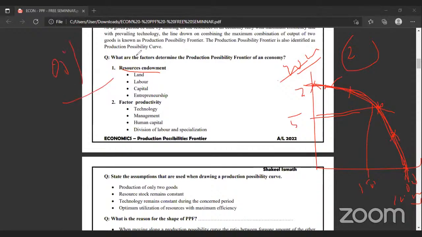Suppose we discovered more endowment of resources in terms of land from nature. The land will increase. So when it increases, what will happen? This PPC, you already studied that, will shift to the right side, because in the long term it will be economic growth. We call it economic growth, exactly, right?